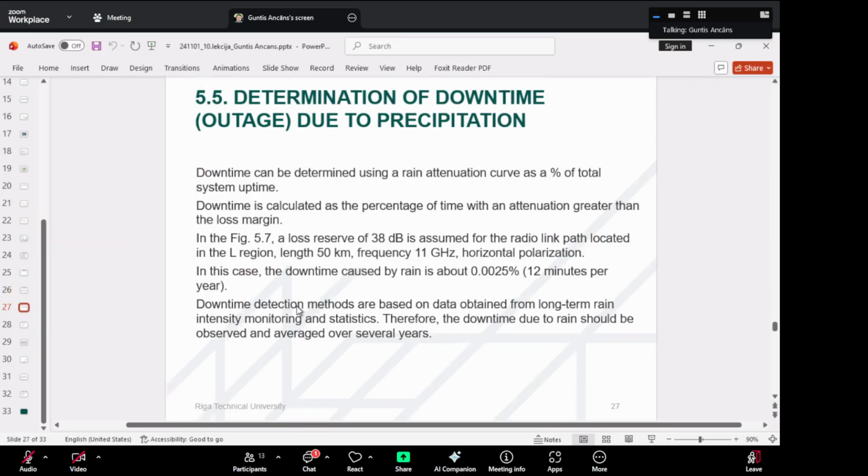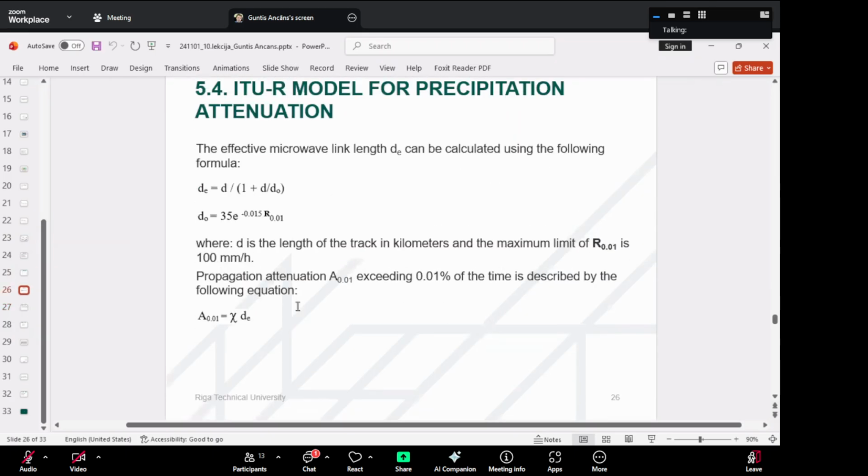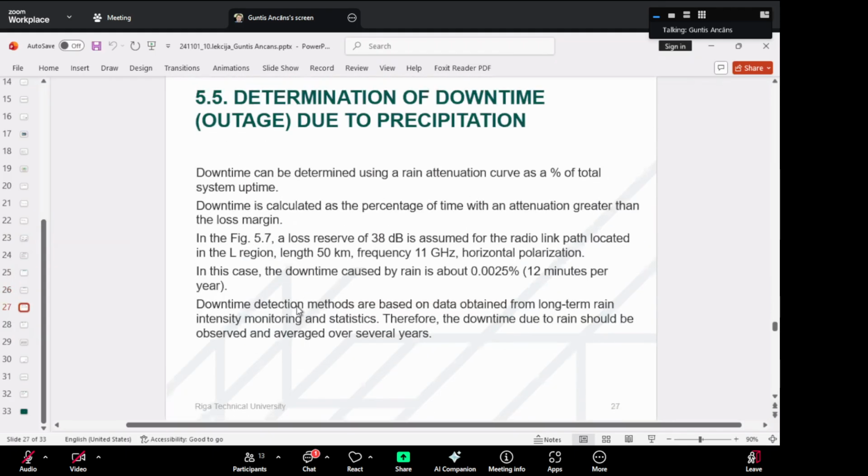Next is determination of downtime, sometimes named outage due to precipitation. Downtime of the radio link can be determined using a rain attenuation curve as a percentage of total system uptime.